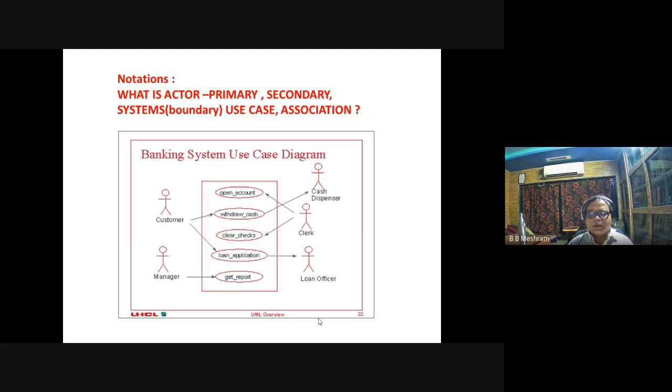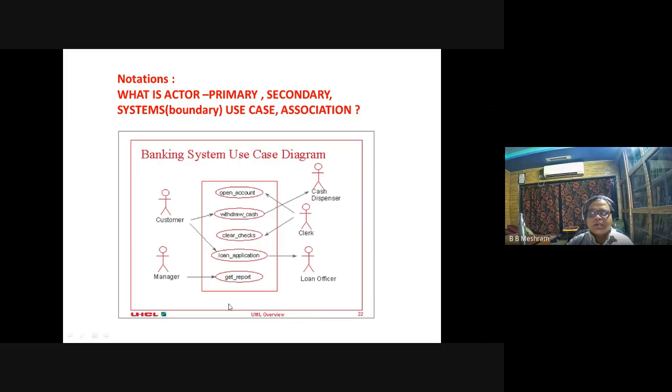Customer is an actor. Actor can be a person, organization, or it can be an external system.